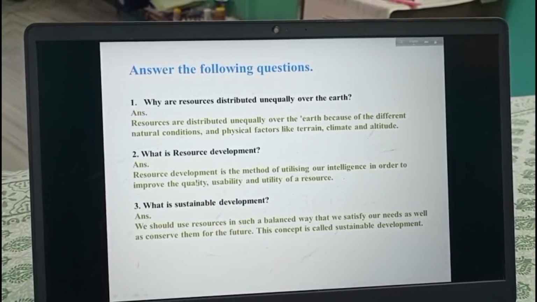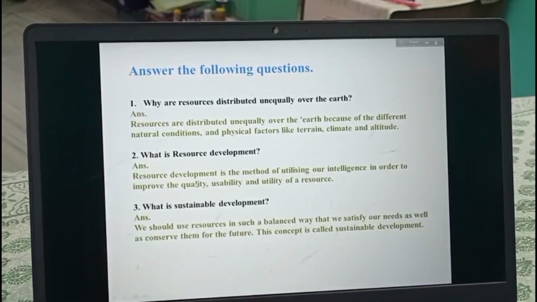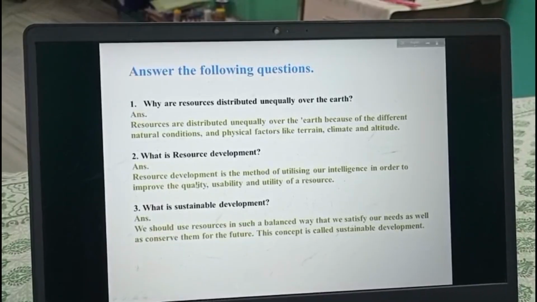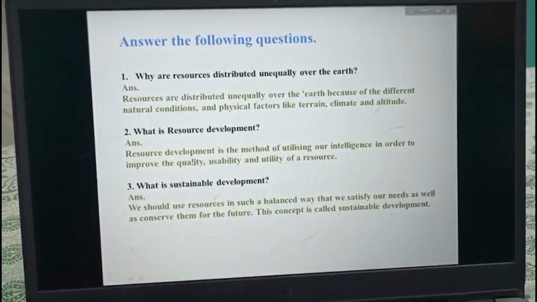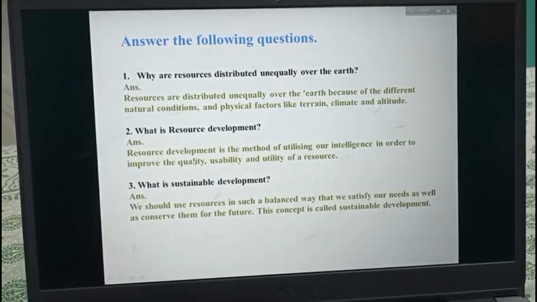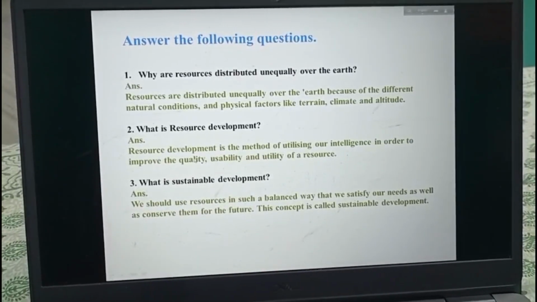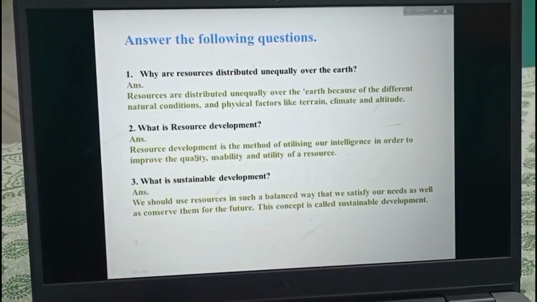Because on our earth there are different terrains and features, like in one part we get mountains and in another part we get plain land. So the climate, altitude, everything is very dynamic. According to those factors, we are not getting the resources equally over all places. Come to the second question: what is resource development?